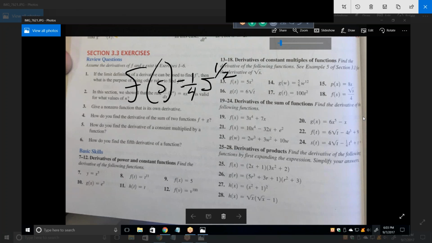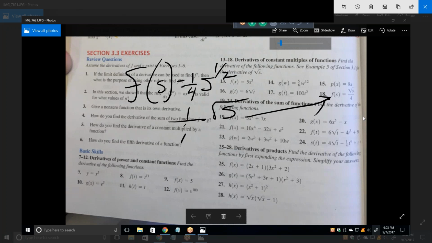Let's just talk about that for a second, because you've got to be totally clear on these. If I were to write something like this, that's the same thing as this problem. Dividing by 4, I can write that as a fraction, 1/4. And once you make it 1/4, now you can apply the power rule.